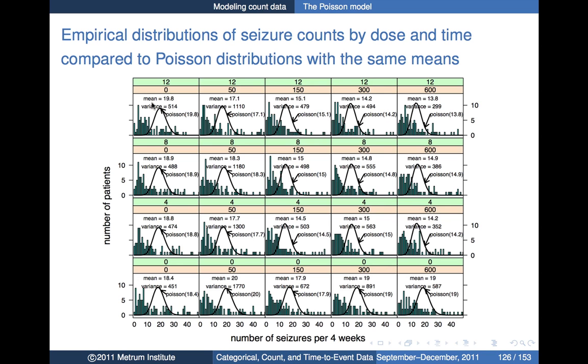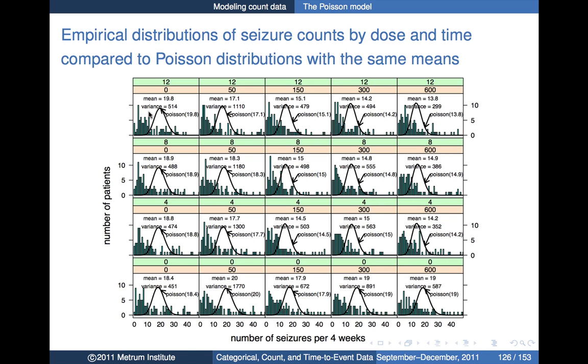To help with that, I've overlaid on each panel the mean count, near the top. If we look at the latest time, going from the lowest dose to the highest, we do see a general downward trend in the seizure count, going from roughly 20 down to 14, and similar patterns as we go down, until we get to the placebo treatment on the bottom panels, where it stays pretty much constant as we go across.